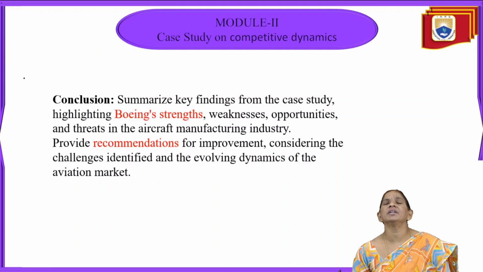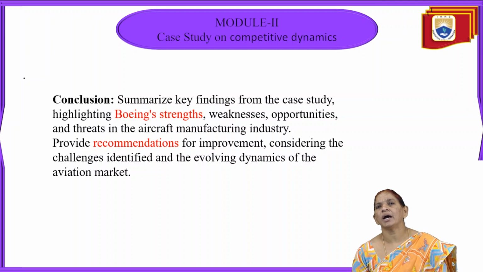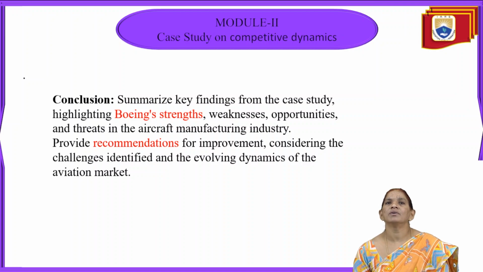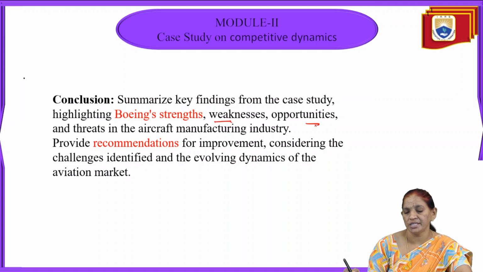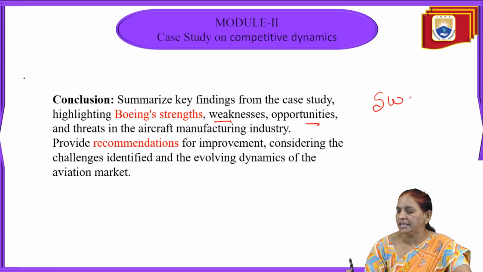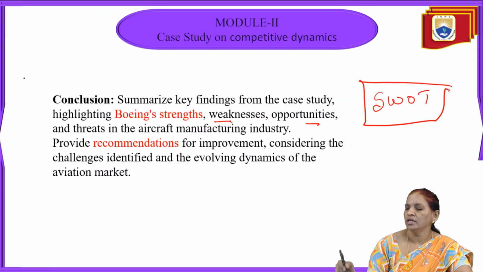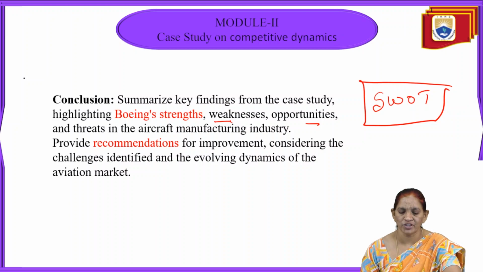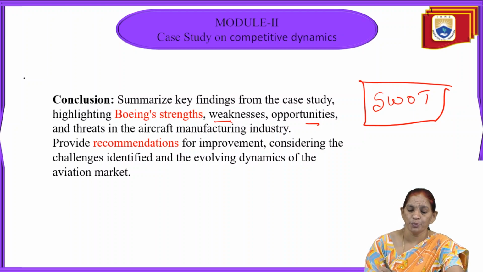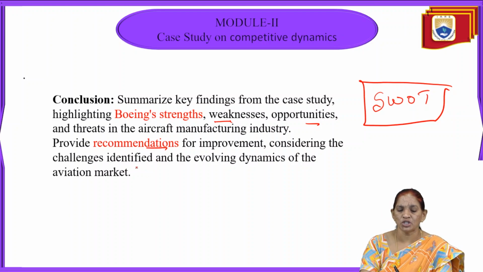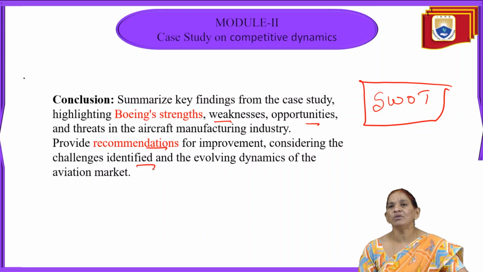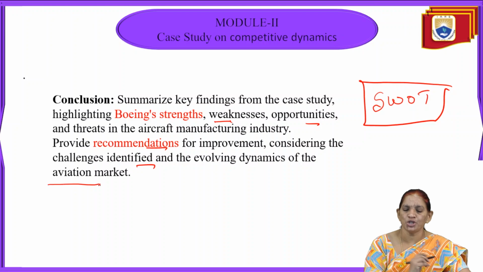In this way, we can conclude this case study by summarizing the highlights of the tragedy caused by the 737 crisis. Boeing highlighted its strengths, weaknesses, opportunities and threats, carrying out a SWOT analysis of its own organization in the aircraft industry, and provided recommendations to implement, considering the challenges identified in the evolving dynamics of the aviation markets.